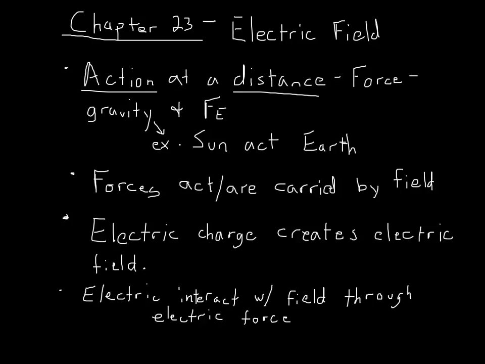So let's see a little sample of how this actually works. What I can do, I can draw a charge, some charge Q prime. This charge creates some kind of electric field. I'm just going to draw electric field here. We'll figure out how this actually works a little bit later on in the chapter, but I'm going to draw all these little lines.